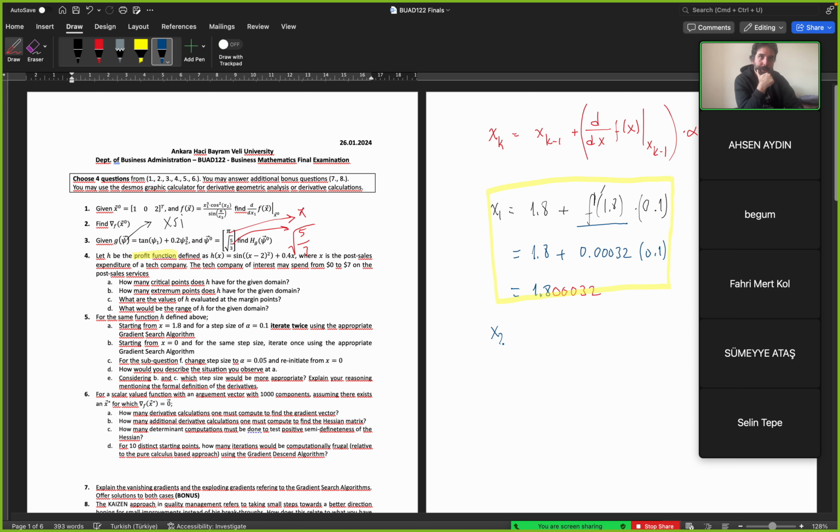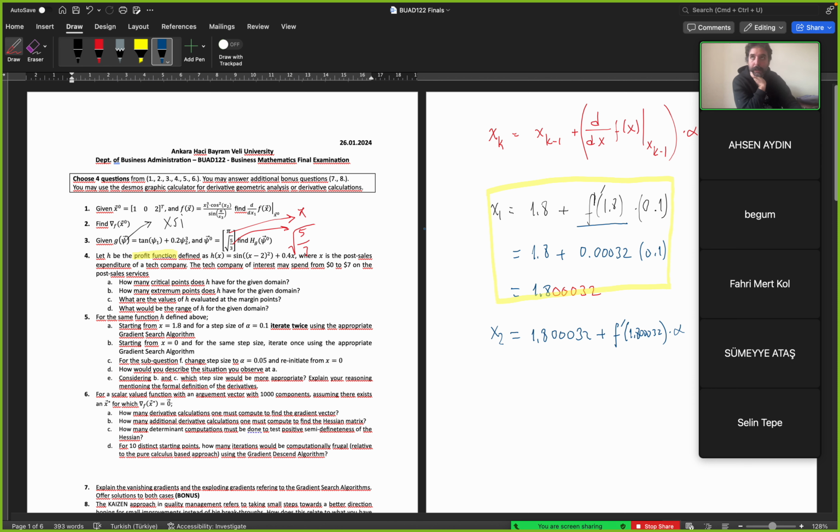I will proceed to find x2, which is going to be 1.80032, this is the x1, plus f prime of x evaluated at 1.80032 times alpha, which is 0.1.